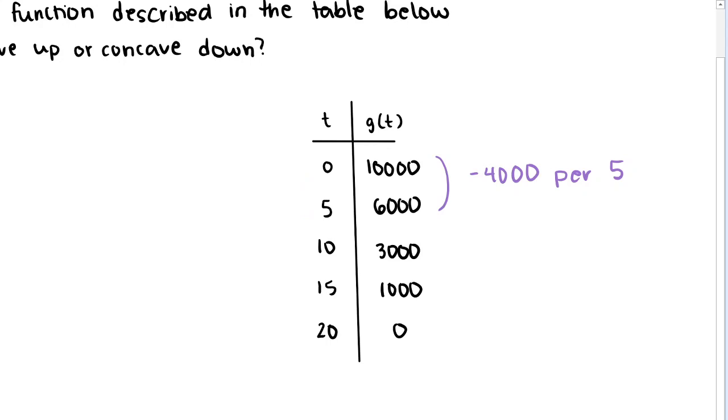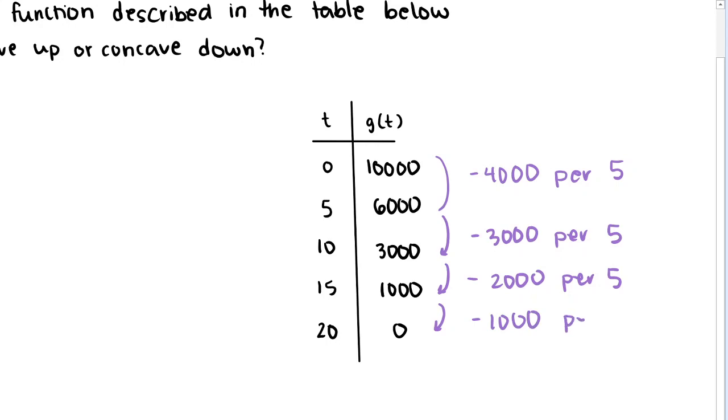So we can sort of just see what the changes in the outputs are. So here, this is a change of -3,000 per increase of 5 in t. This rate of change here is -2,000 per 5 units increase in t. And then this last one is -1,000 per 5 units increase in that input variable.